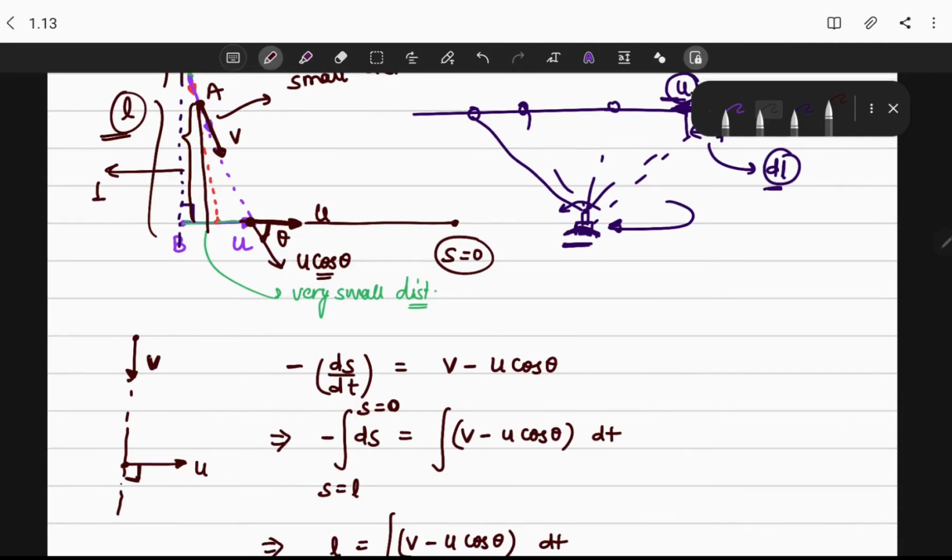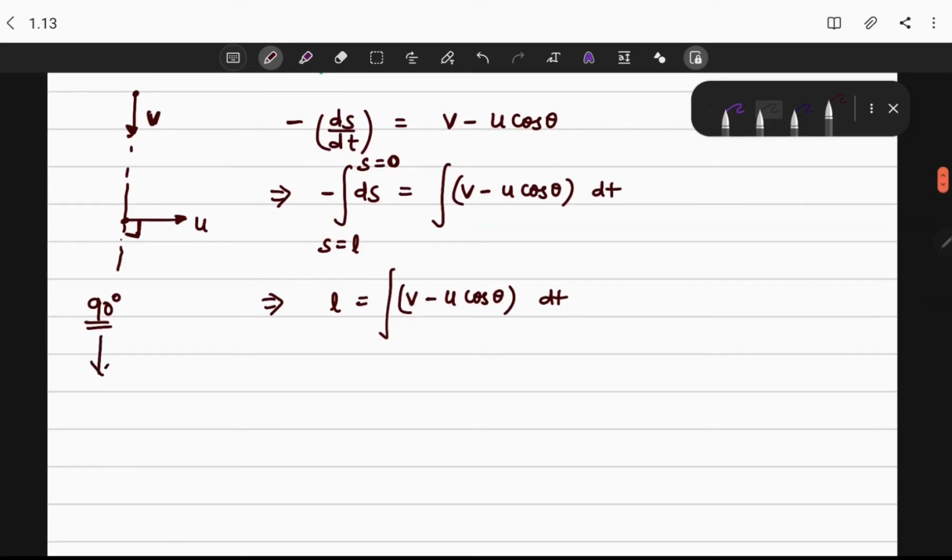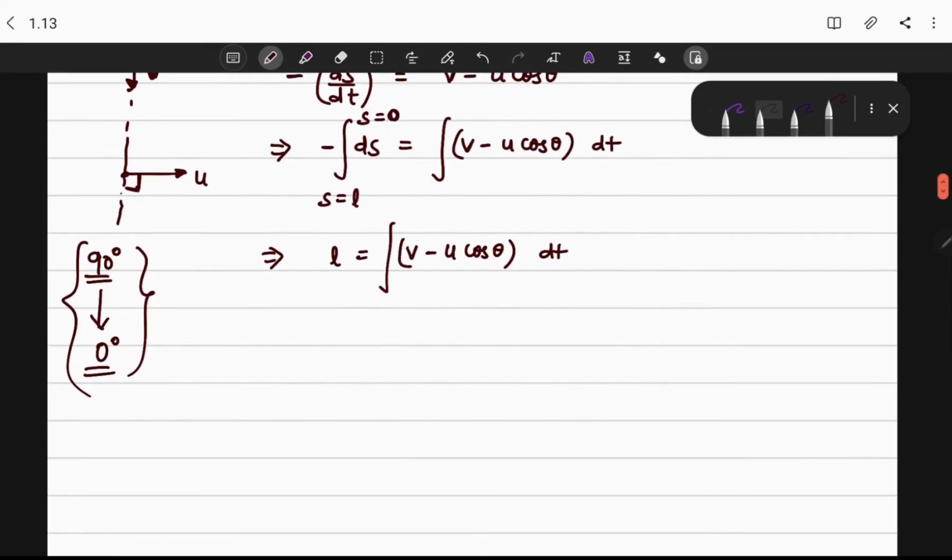It is 90 degrees. So initially the angle theta was 90 degrees, and later when they converge, the angle is 0 degrees. So it varies from 90 degrees to 0 degrees, and how it is related to time we don't know right now, but we know that v and u are constant throughout. So we can write v times integral of dt minus u times integral of cos theta dt.